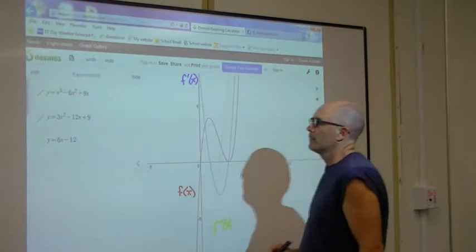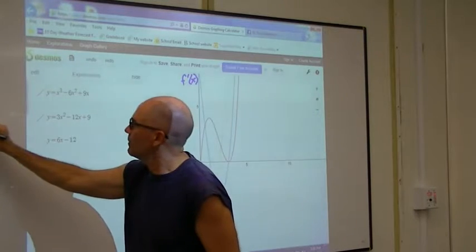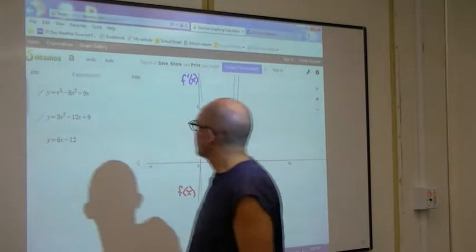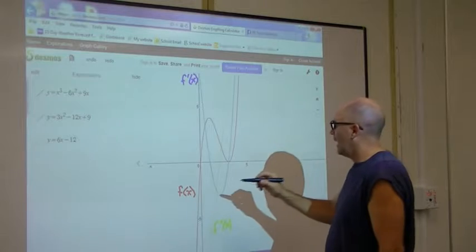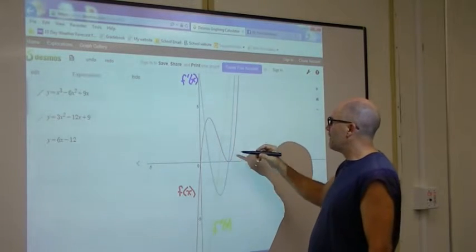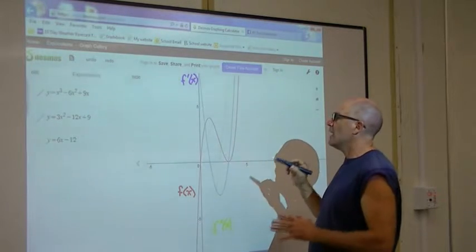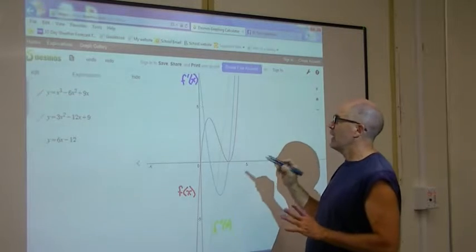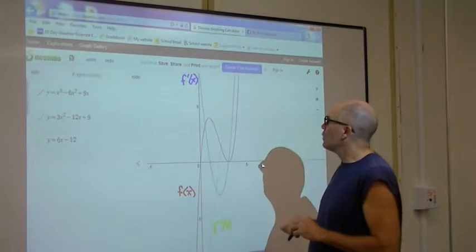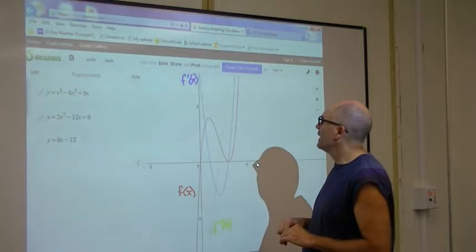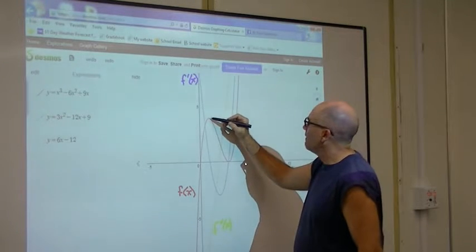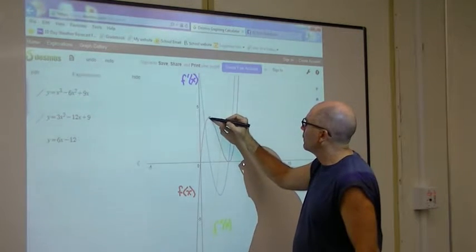Okay, now, what I want you to notice here, the original function, f of x. Now, if I want the derivative of f of x, then what I want to do first is look at the maximum right here.